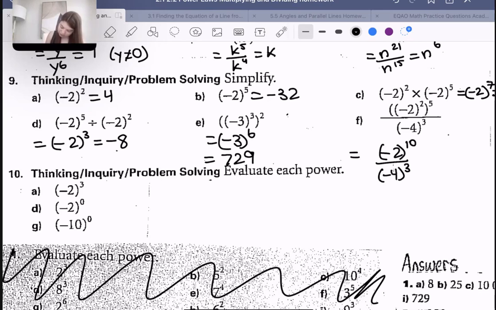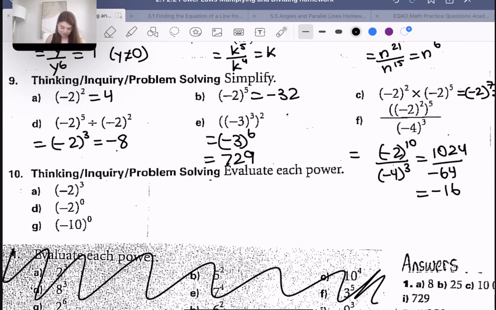So I'm going to evaluate these separately. First we have -2 to the power of 10, which gives us 1024. And then on the bottom we have 64, or negative 64 rather. And so our answer is going to be negative 16.